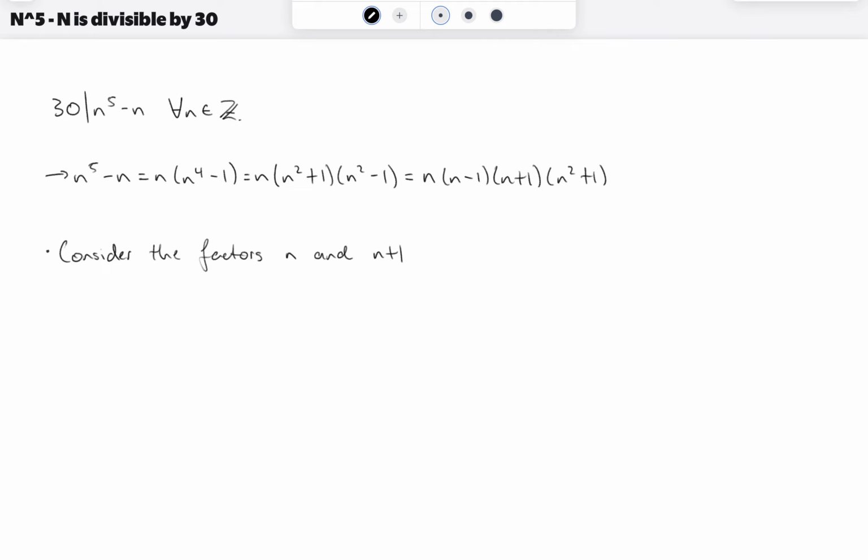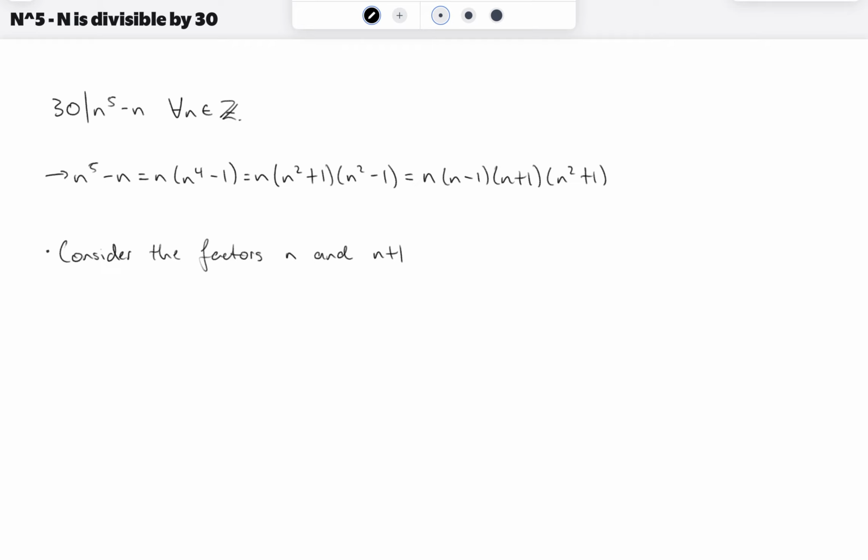So these two here. Doesn't really matter which pair among these three we choose for this first bit. Or actually it does, so long as they're not more than 2 apart. So we're considering the factors n and n plus 1.